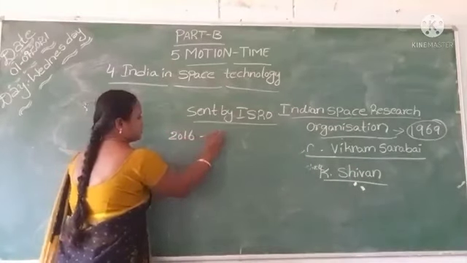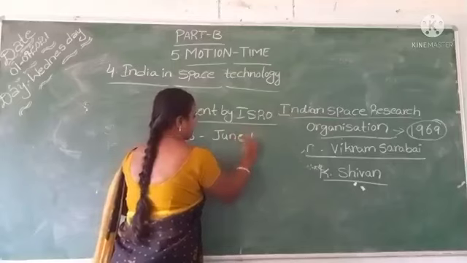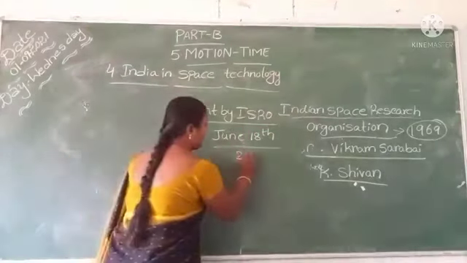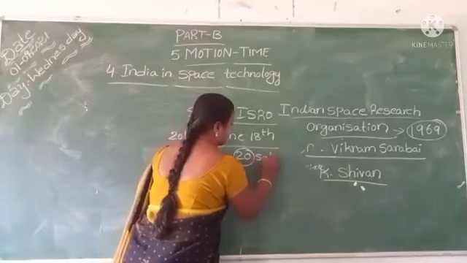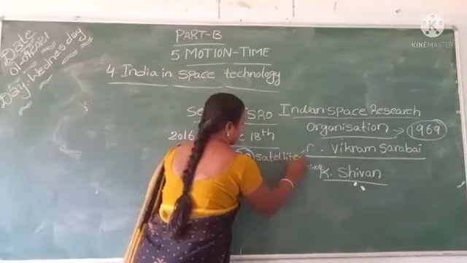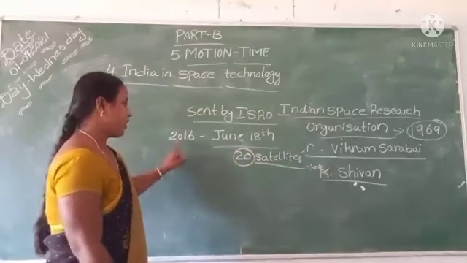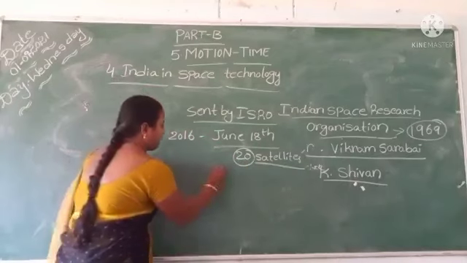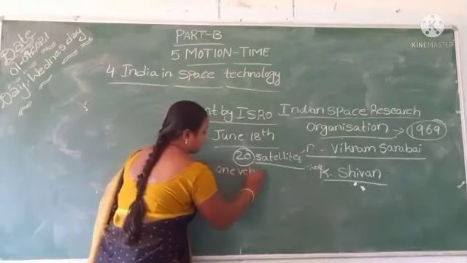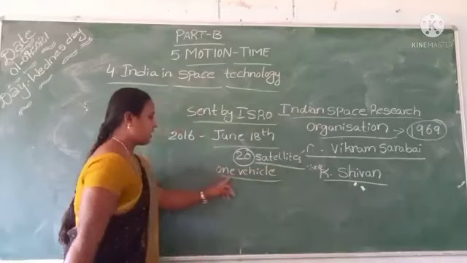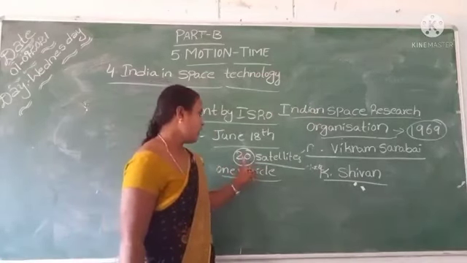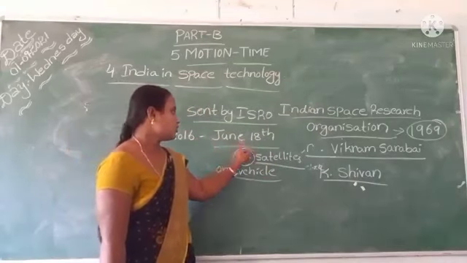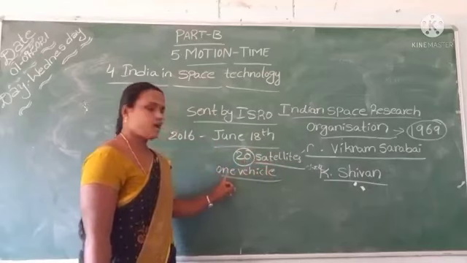How many satellites did they send? 20 satellites, at once, in one vehicle.